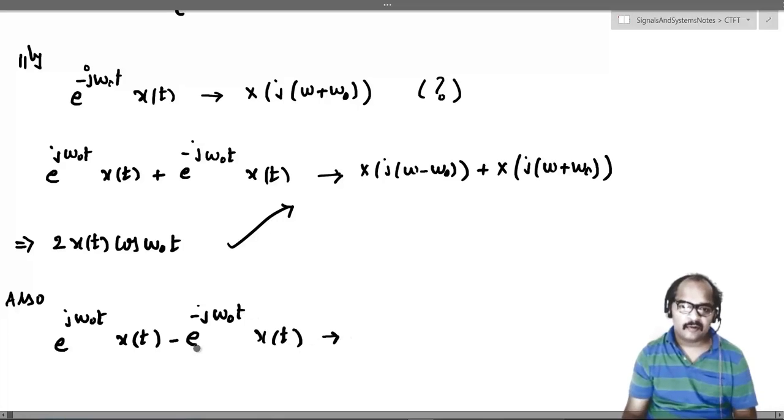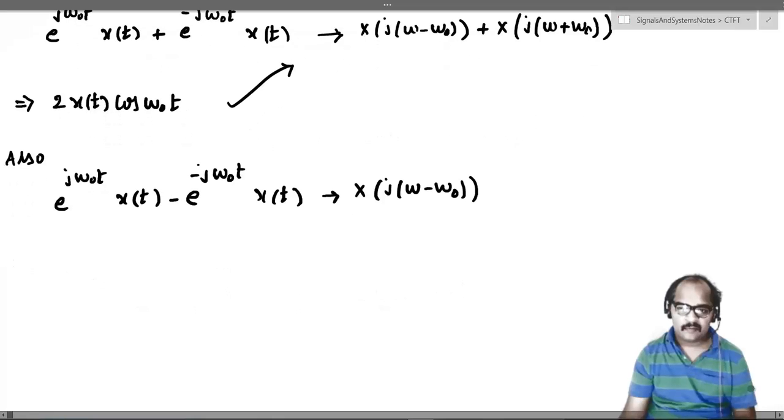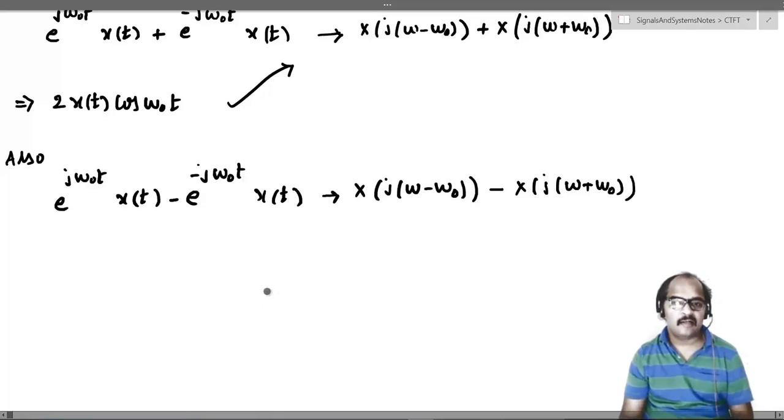Because we are taking subtraction here, on the right hand side also we have to subtract. Why? Because of linearity property. So e power j omega naught t x of t will have x of j omega minus omega naught minus this fellow will have x of j omega plus omega naught as the Fourier transform.